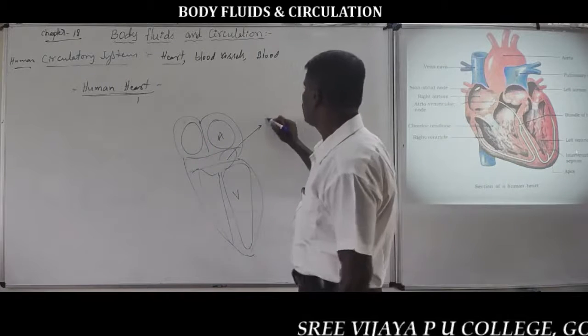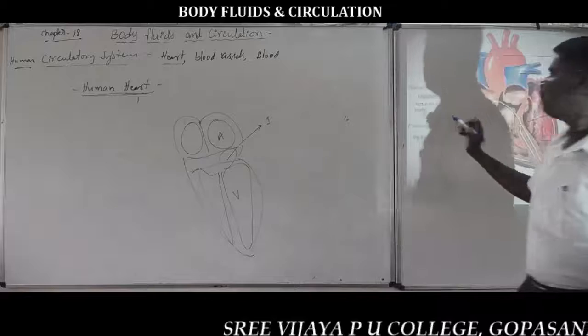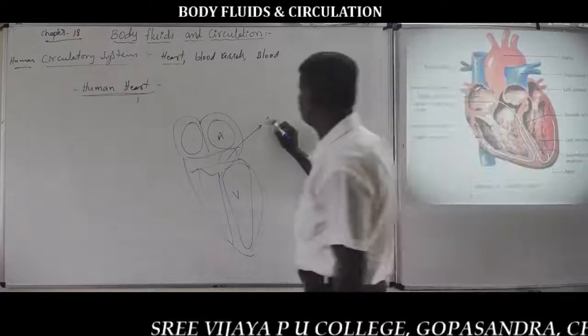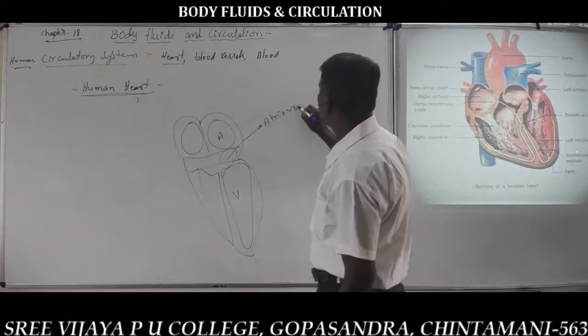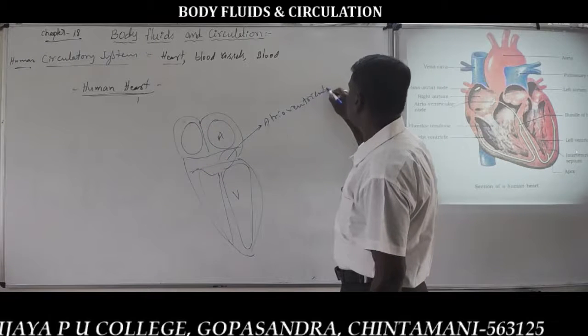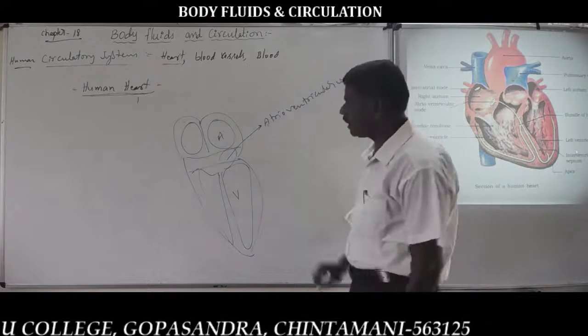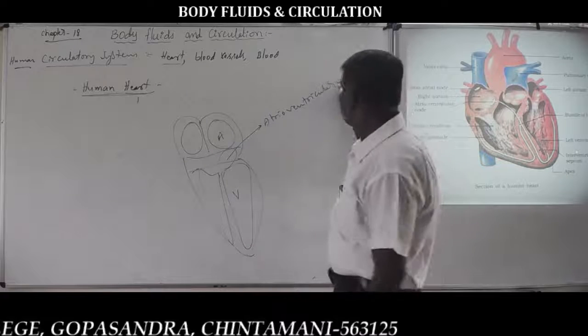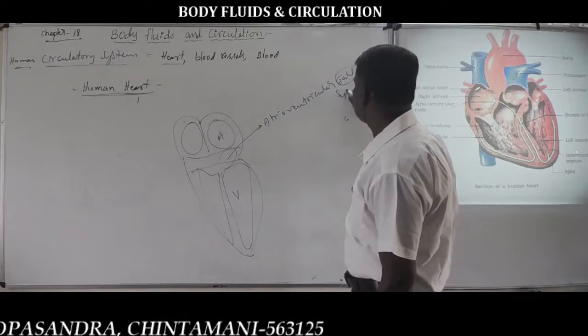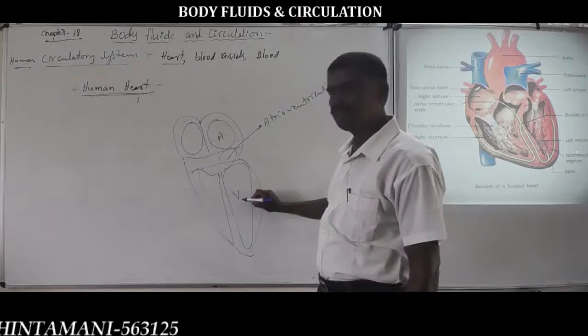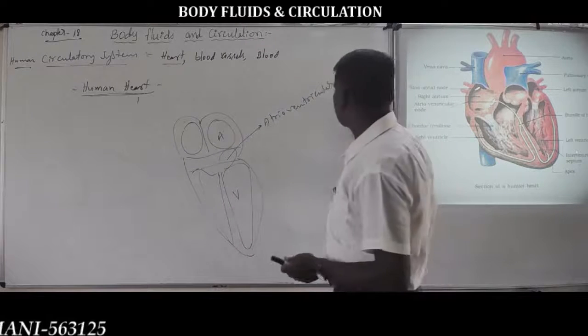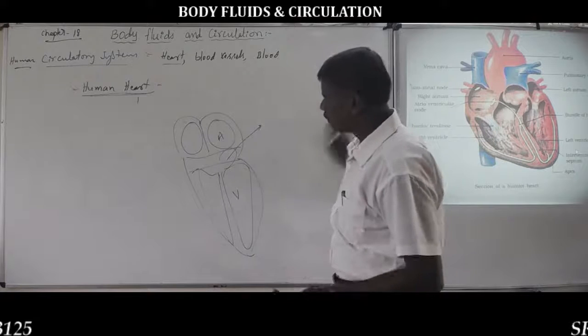It is called the atrioventricular wall. These walls are septa which separate the atrium from the ventricles.